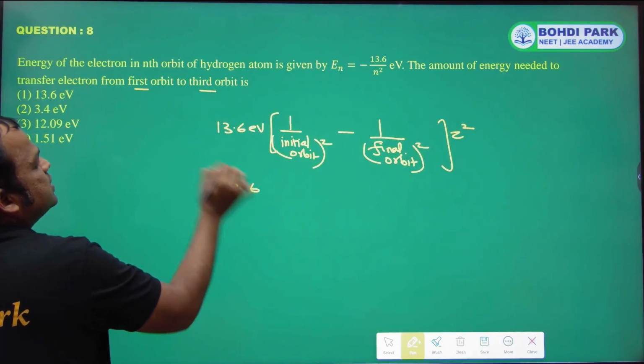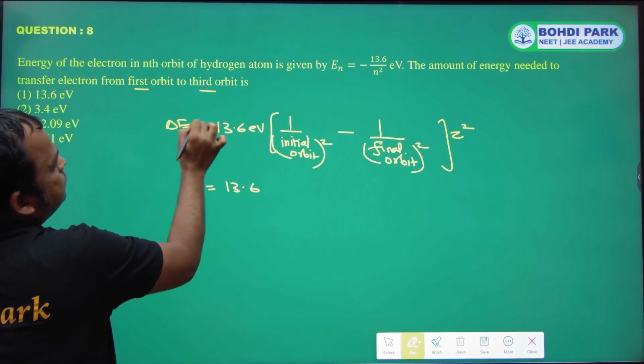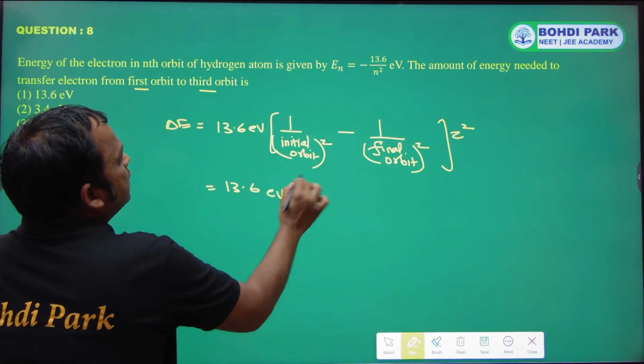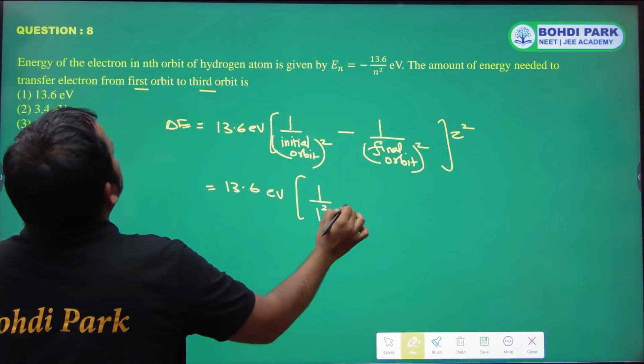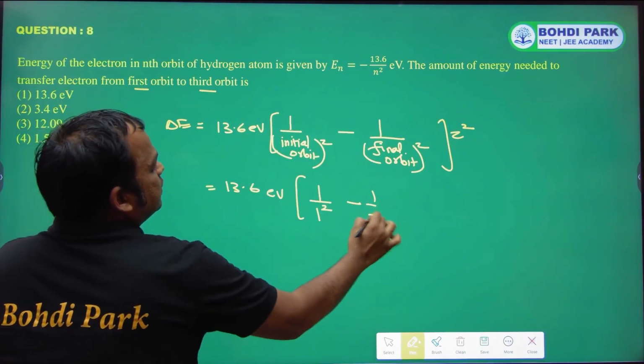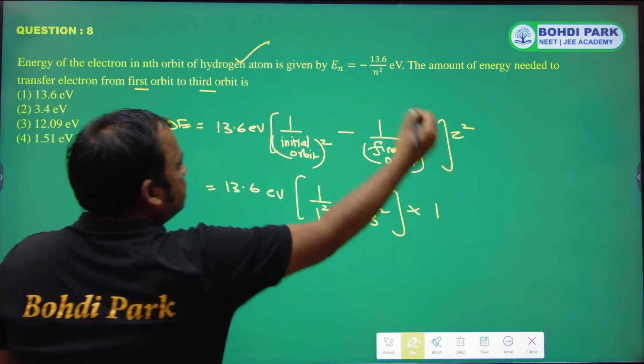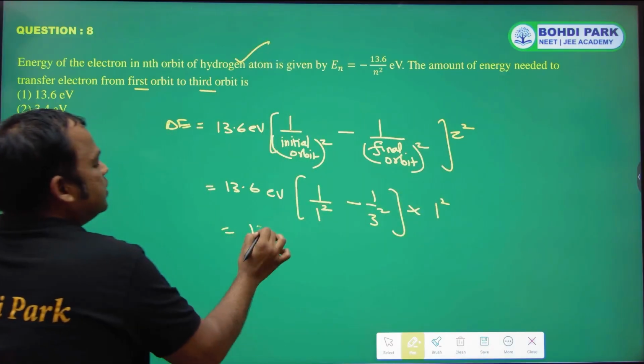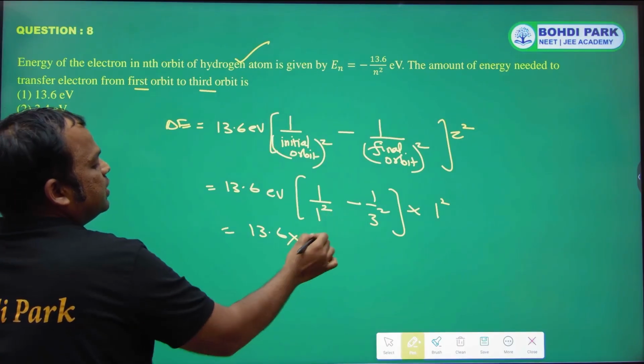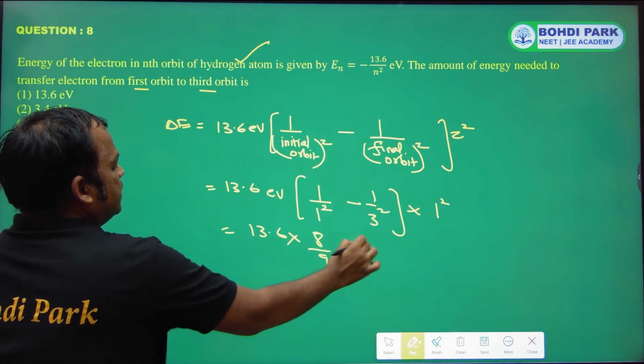So 13.6 electron volt into 1 by 1 square minus 1 by 3 square, and it is for hydrogen. So 1 square is 1. So 13.6 into 1 minus 1 by 9, it is 8 by 9 electron volt.